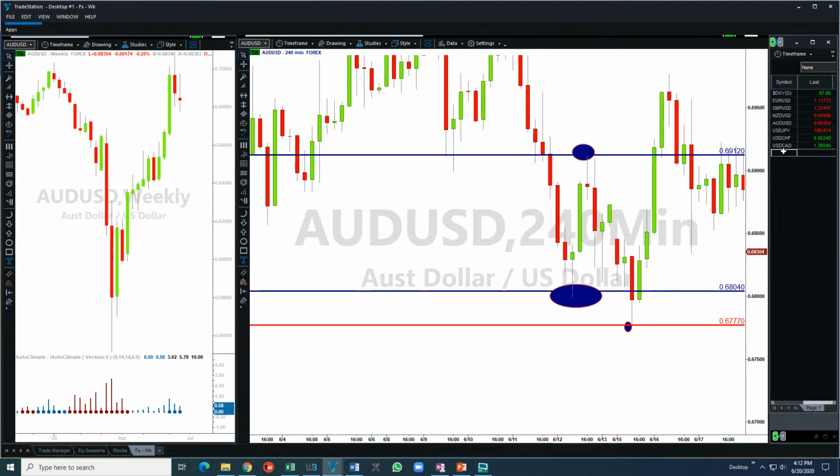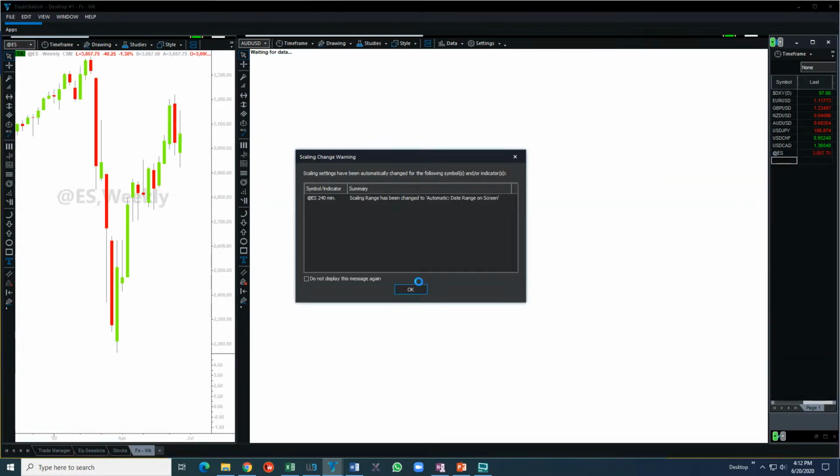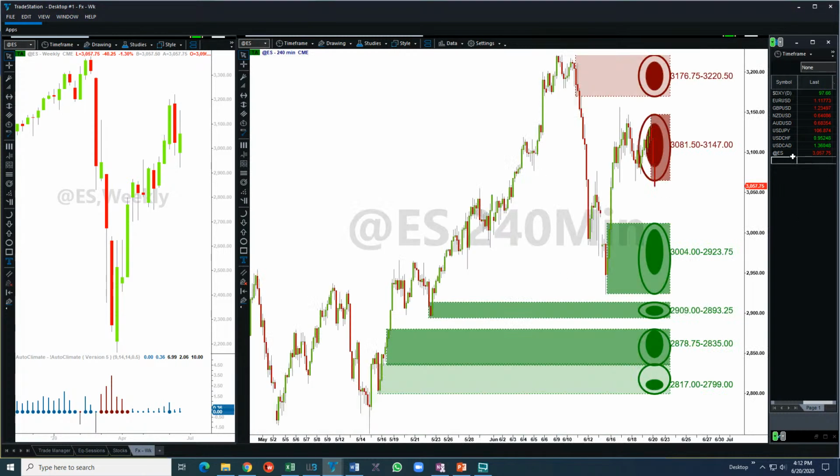Last week we were looking to short the US dollar. So we said equities are going to be bullish, and more or less what we got to see, as soon as the week opened, was a strong rally going up into the supply. We discussed the bullish scenario, which is what we got to see.